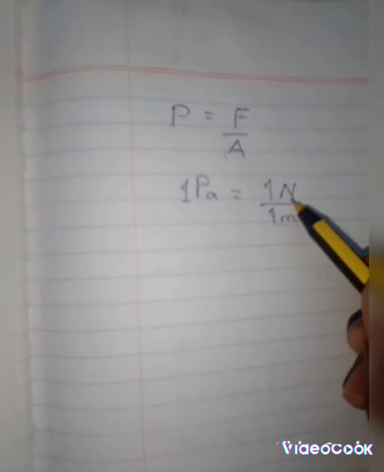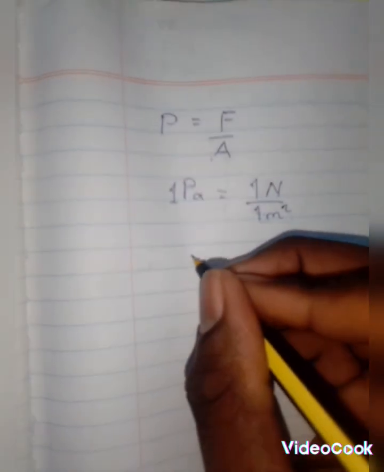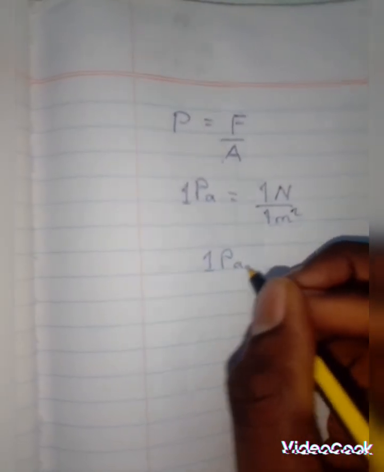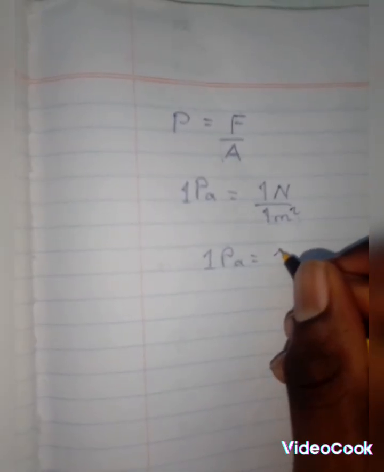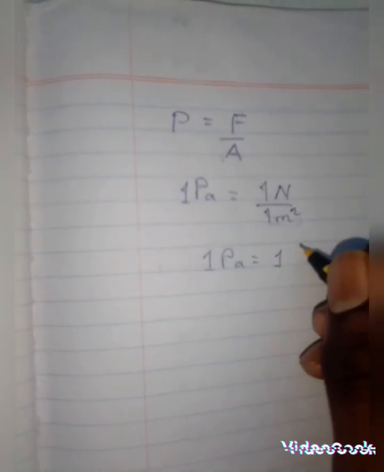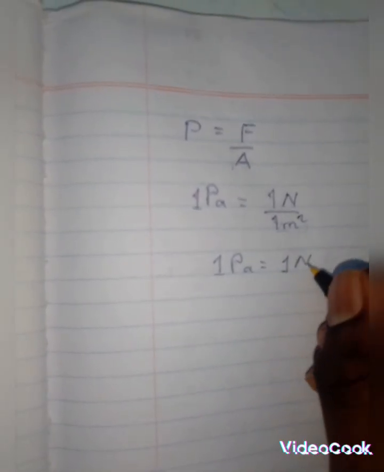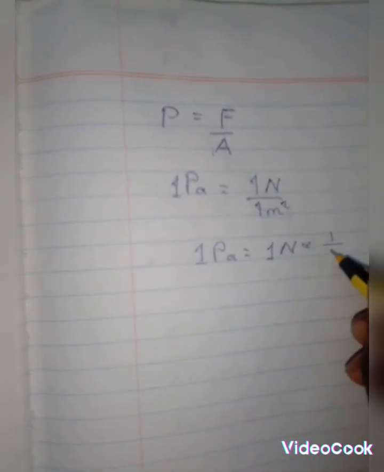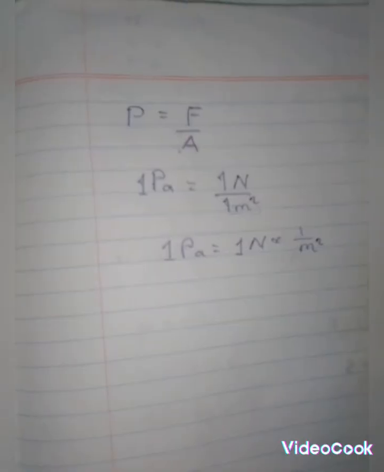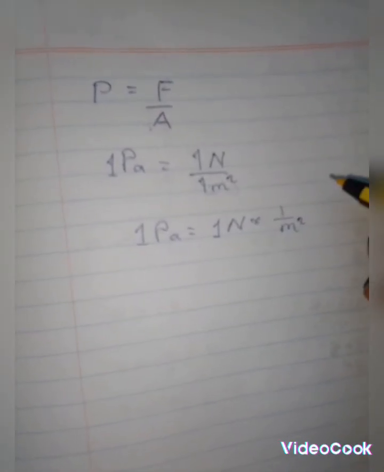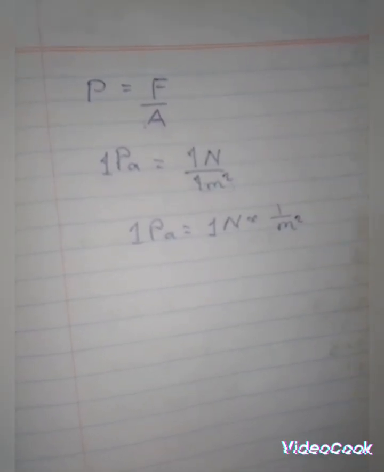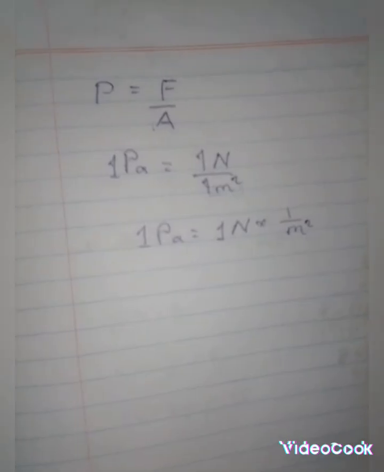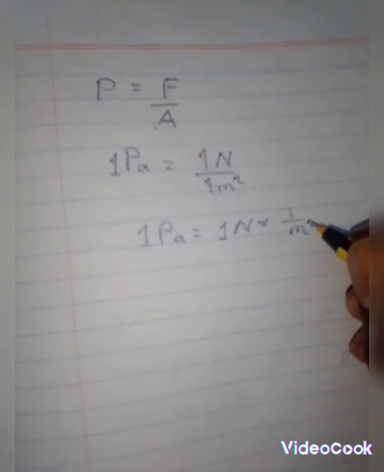And then here what we're going to do is that we're just going to divide them. So that's going to give us that 1 Pascal is equal to 1 Newton, and then this m squared is going to be written as multiplied by 1 over m raised to the power of negative 2. So this is why we need to use our principles from exponents. Whenever we have 1 over something, this turns to a negative.